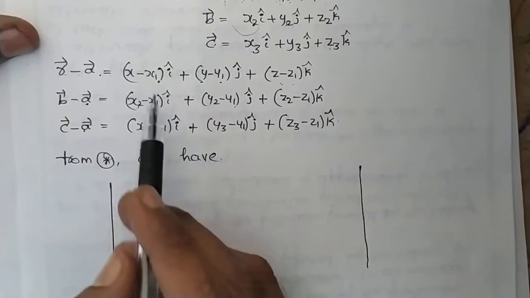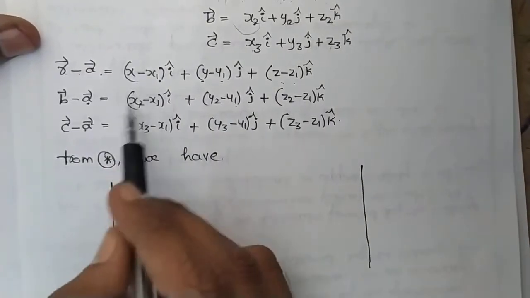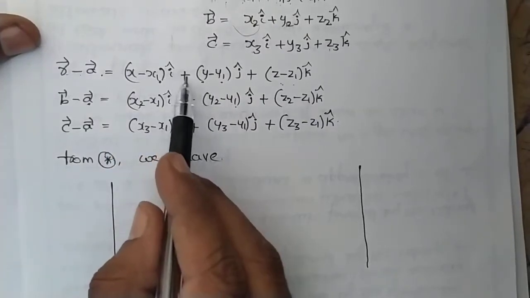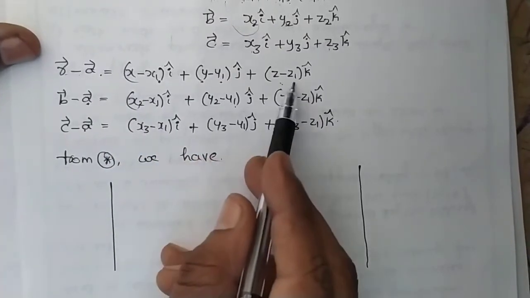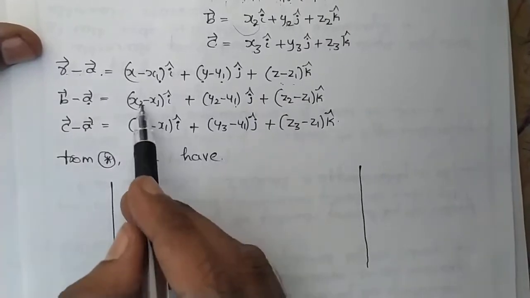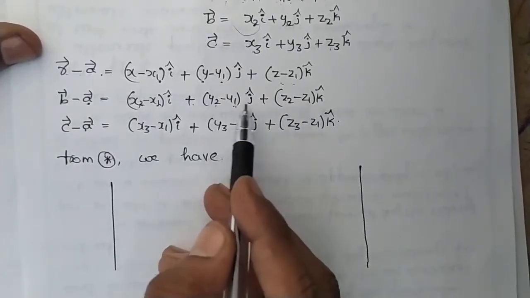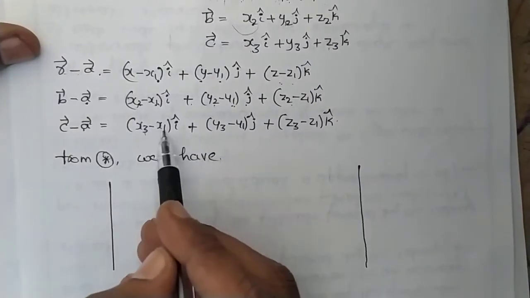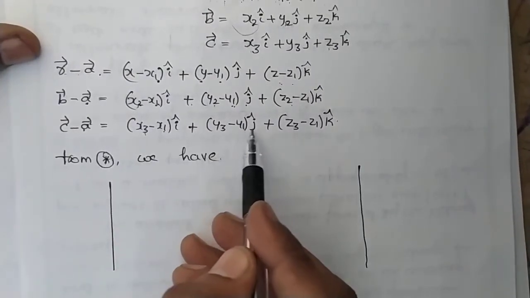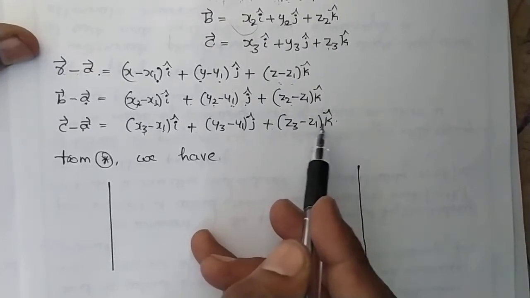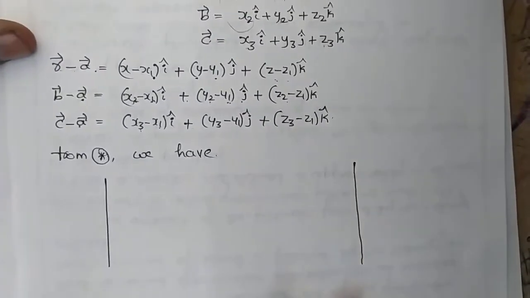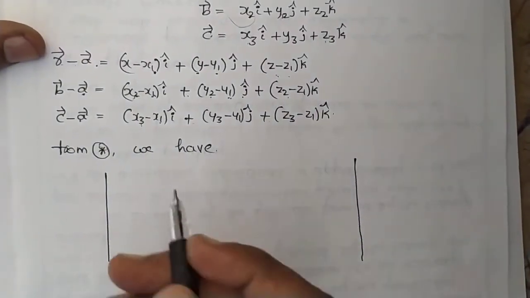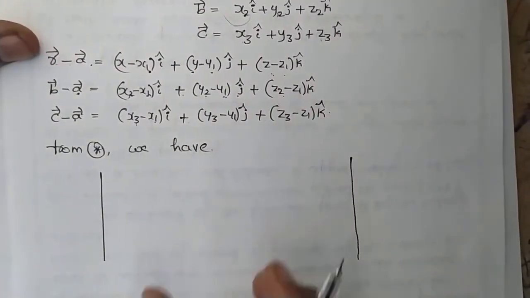Once again, if we substitute these values in equation star, what we will get? x minus x1 i cap plus y minus y1 j cap plus z minus z1 k cap, comma x2 minus x1 i cap plus y2 minus y1 j cap plus z2 minus z1 k cap, comma x3 minus x1 i cap plus y3 minus y1 j cap plus z3 minus z1 k cap. Like that we will get. Directly I am applying the scalar triple product in this step. Do not confuse.